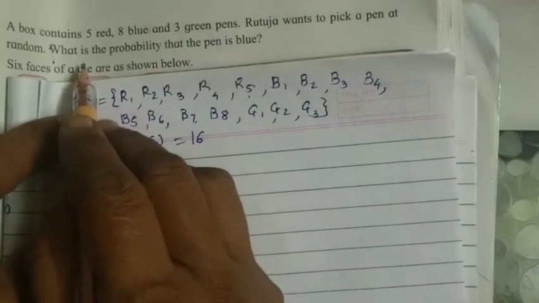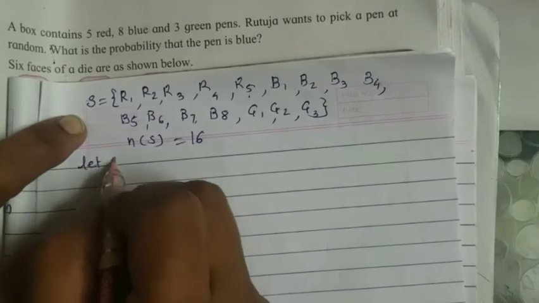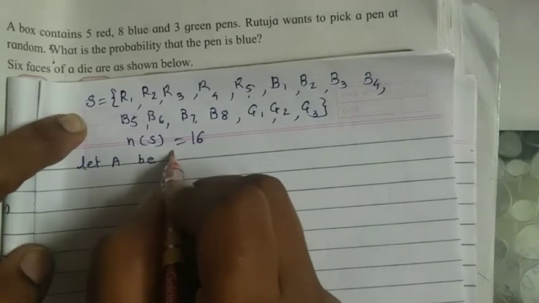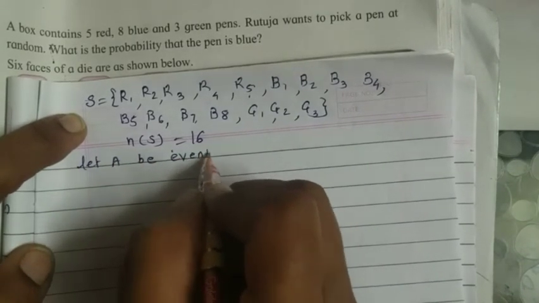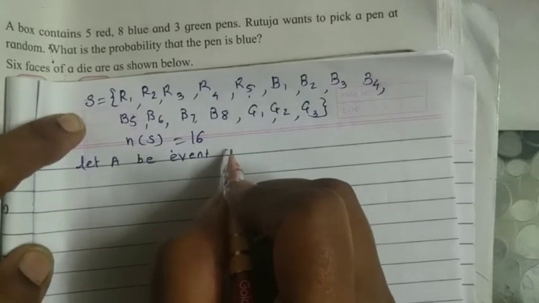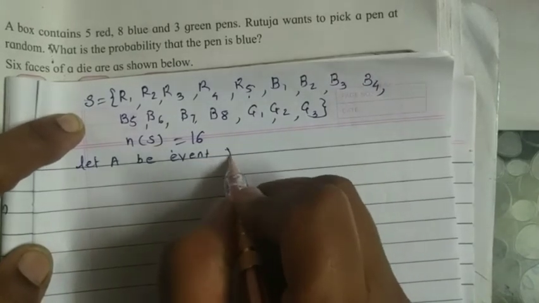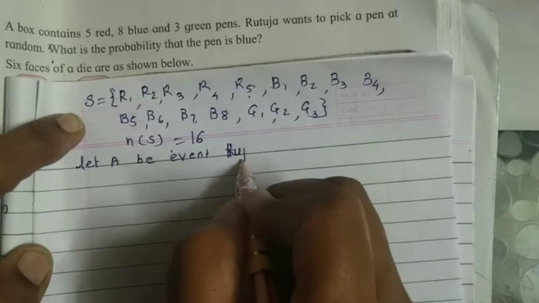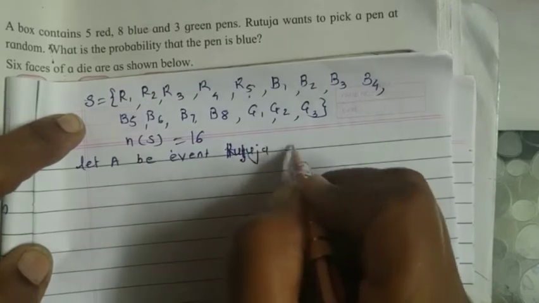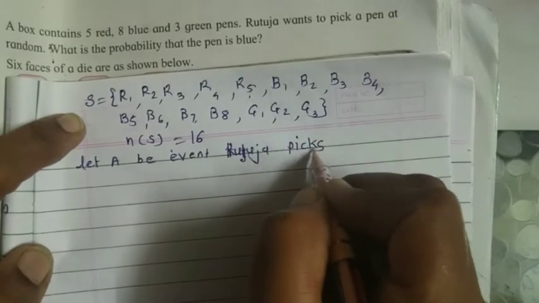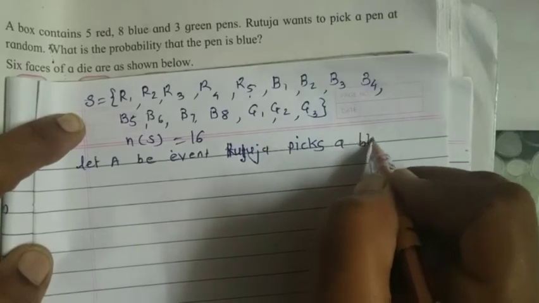Now the question is, what is the probability that the pen is blue? Suppose let A be the event that Rutuja picks a blue pen.